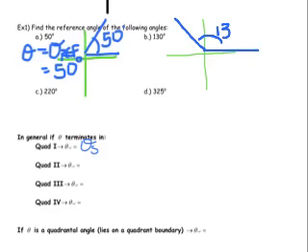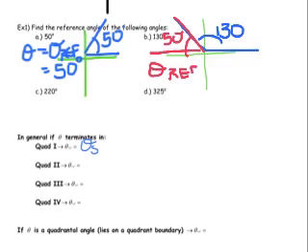But this is an obtuse angle, which is not what I'm looking for right now. I'm looking for theta ref. So I'm going to bring that terminal side down to the closest x-axis. If this is 130, this is 50. So theta ref is equal to 50.